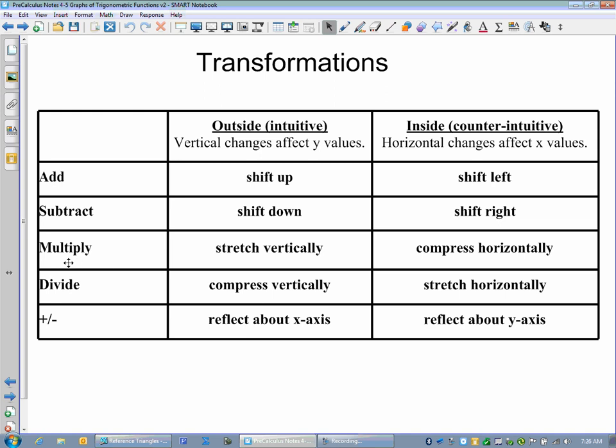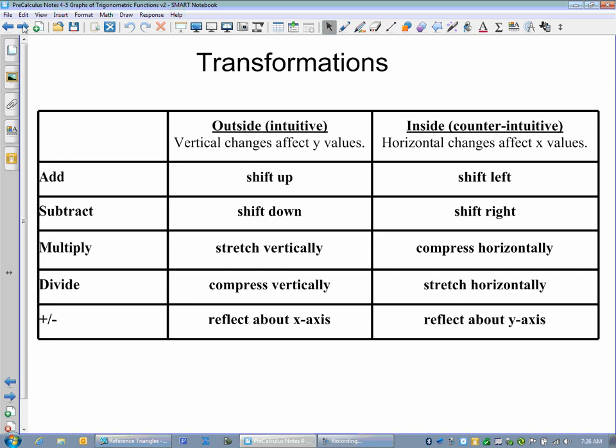You would expect normally multiplying to make something bigger, but if you're multiplying inside, then you're actually compressing it horizontally. And division you expect to make smaller, but you're actually stretching it horizontally. However, the reflection is what you'd expect. The reflection, because it's about the y-axis, is a horizontal reflection. So then again, any change made inside the parent function will affect the graph horizontally.